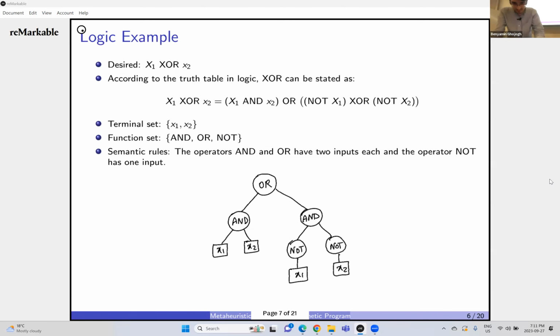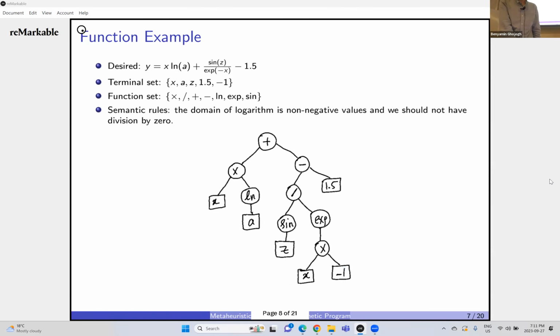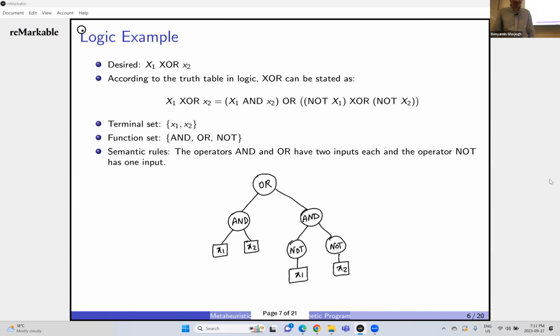Some example trees I have shown here. One example for logic and another one for function. Okay. Logic example. Assume my desired function is x1 XOR x2, right? And assume my function set has and, or, and not. My terminal set is x1 and x2.